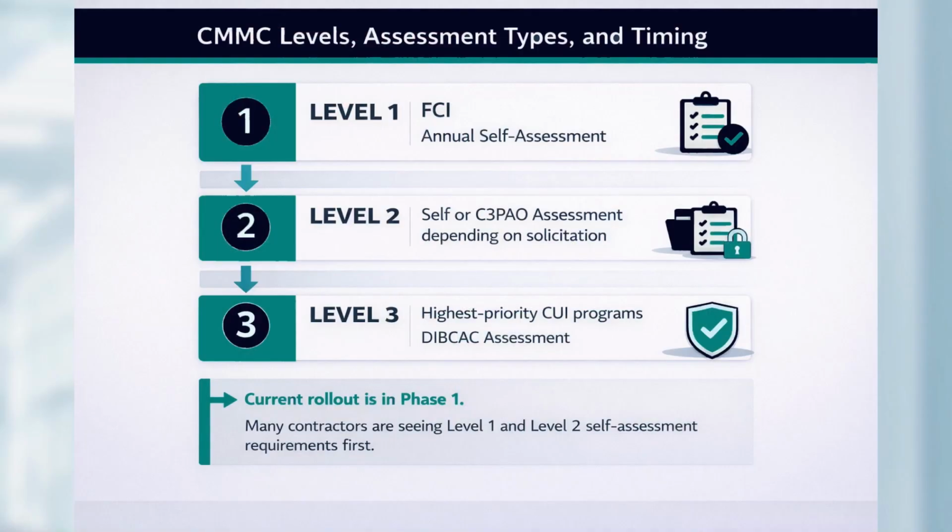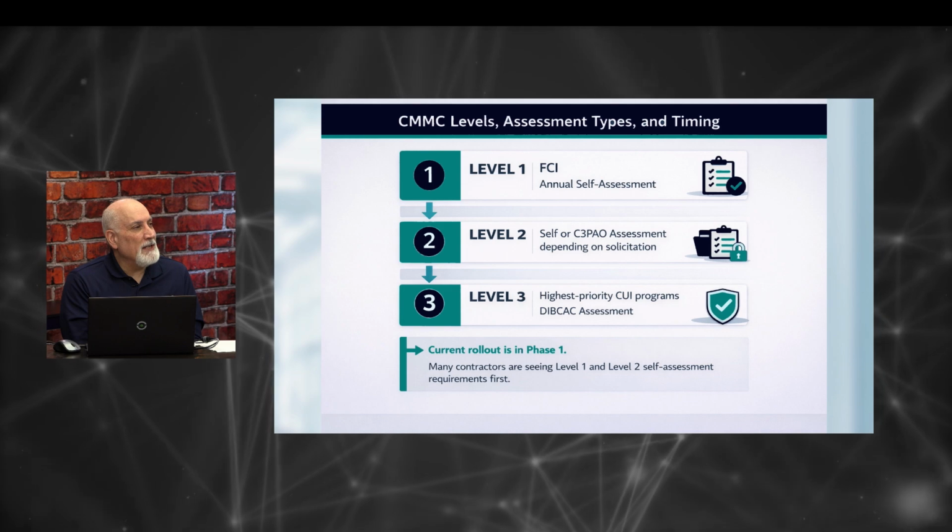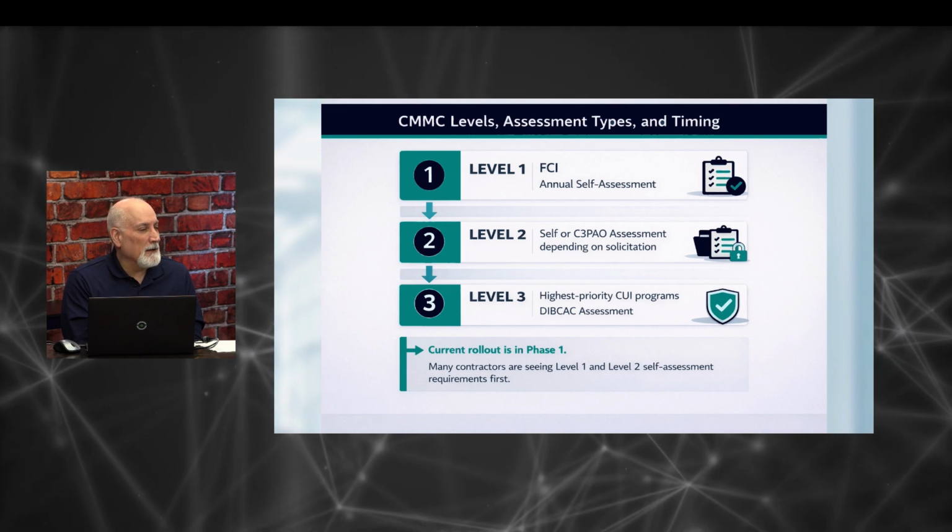It'll continue to be a self-assessment, and once a year you have to update your assessment results. Then level 2 is a big step, from 17 controls to 110 controls that are itemized in the NIST 800-171 standard. So again, CMMC is certification, NIST is the technical requirement.